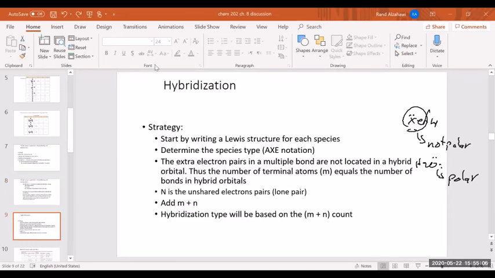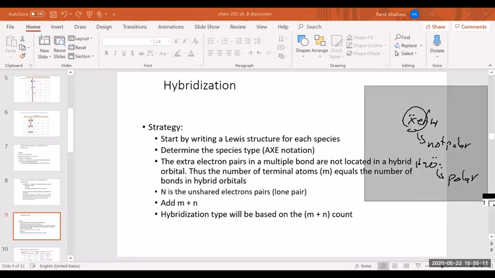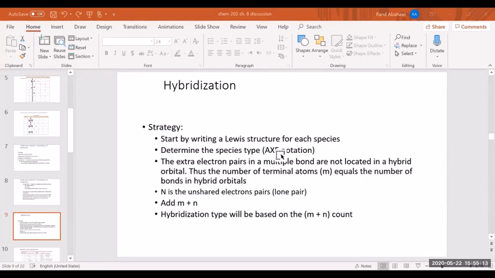Okay, now the hybridization. Some more things here before starting with the practice. Start by writing the Lewis structure. Here, guys, always the Lewis structure. Starting with the Lewis structure is very important. This is the key to solve all these questions. Start writing the Lewis structure for each species.